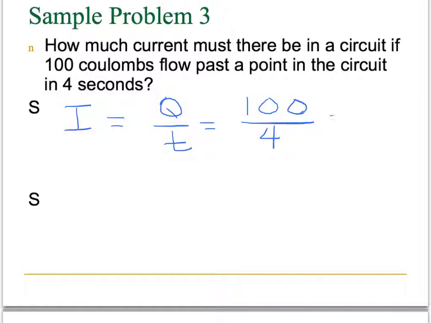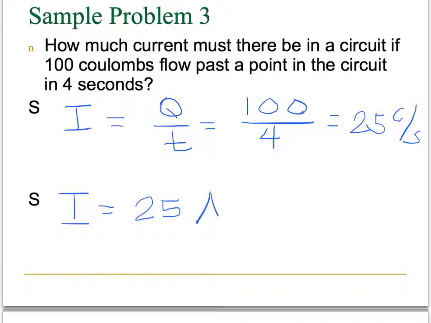So this one would be 25 coulombs per second. Or simply, since coulomb per second is the same as ampere, the current is actually 25 amps. This is our answer.